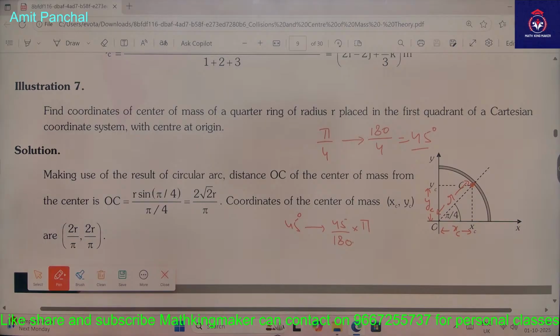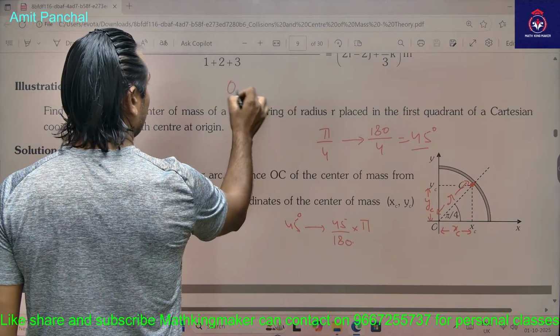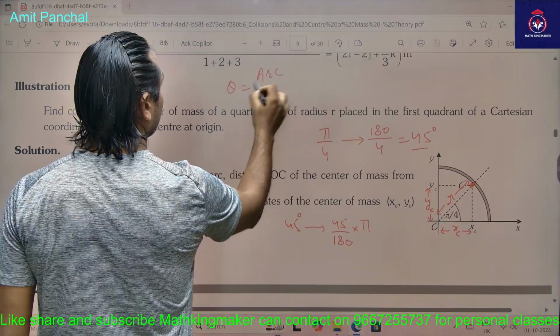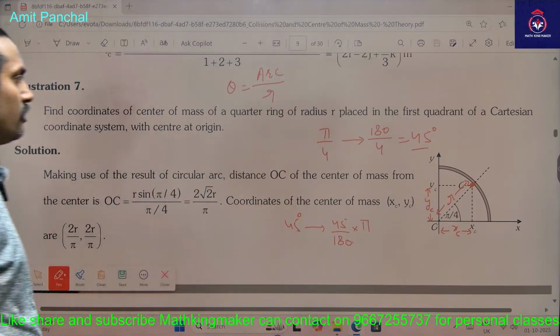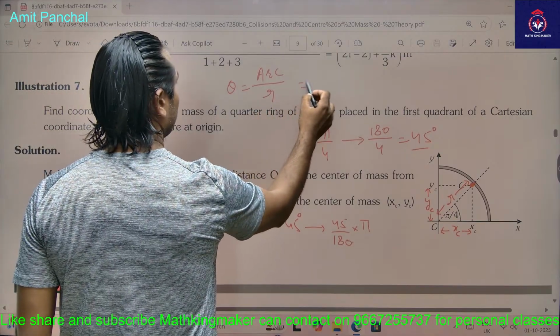They gave some formulas on the earlier page. R sine theta by theta, 2r sine theta by 3 theta. So theta will be equal to arc upon radius. Theta is equal to arc upon radius. Theta is pi by 4.